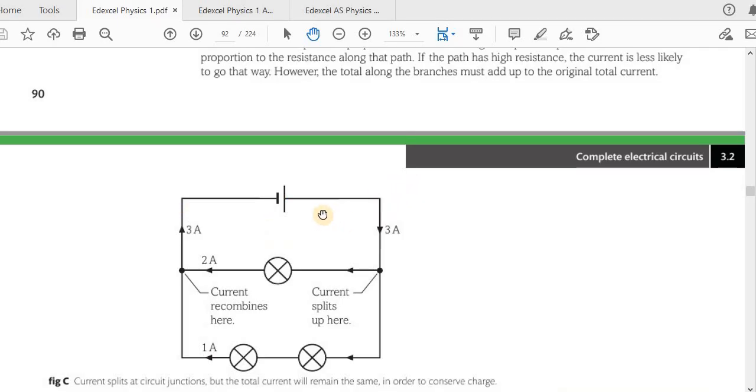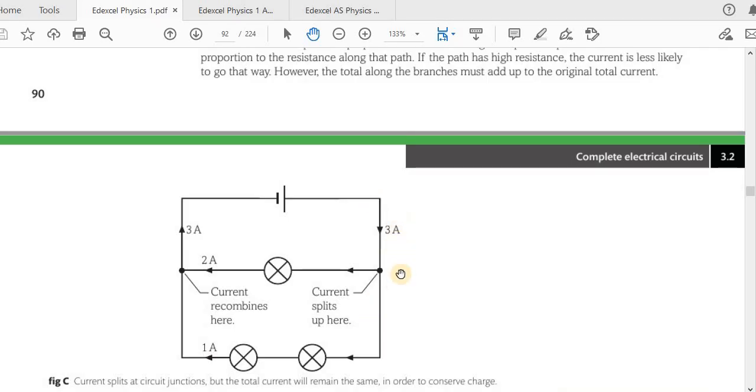Now you can imagine that these charges are like cars and these wires are like roads. Now more vehicles will try to take the road which is better, which has less potholes, which is maybe carpeted. You can think of the highway as a very low resistance branch or road.